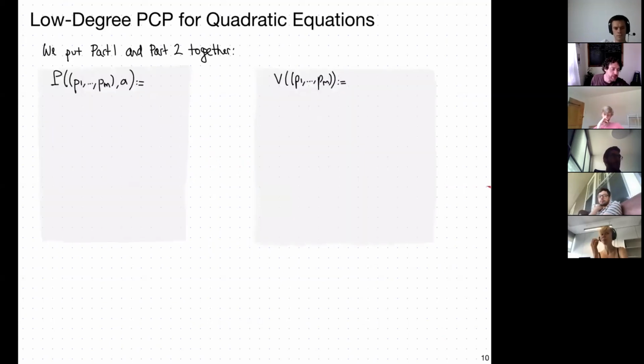We consider the following protocol. In this protocol, we have a prover, and the prover sees all of these equations, and it has some satisfying assignment, whereas the verifier only has the quadratic equations.